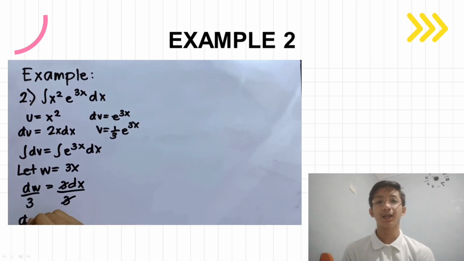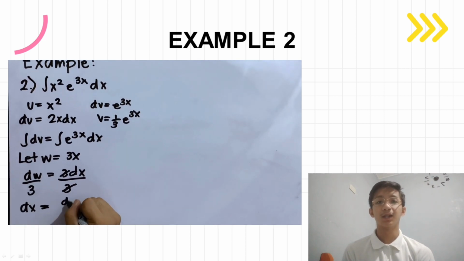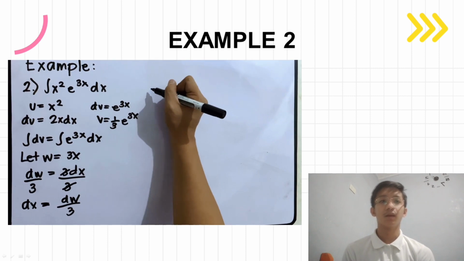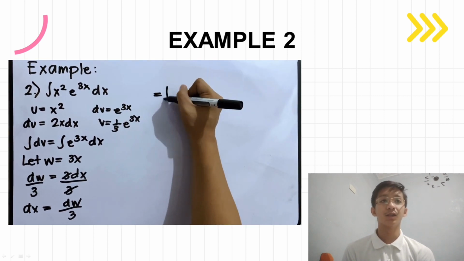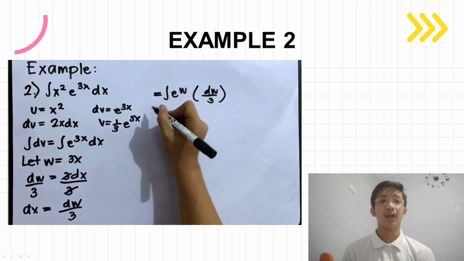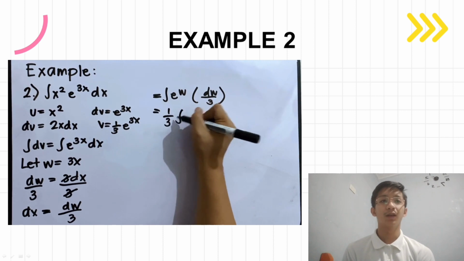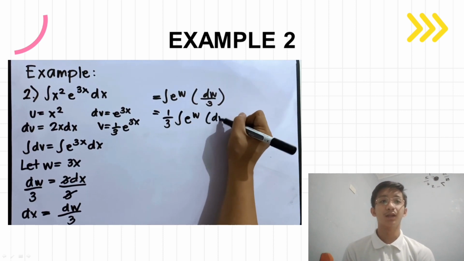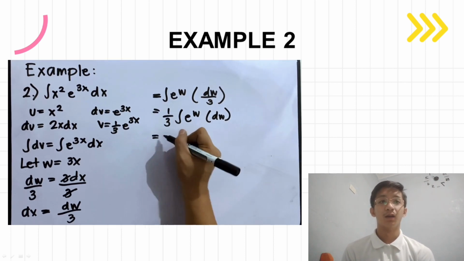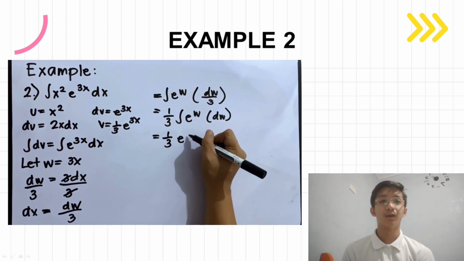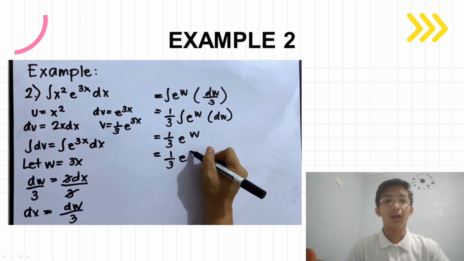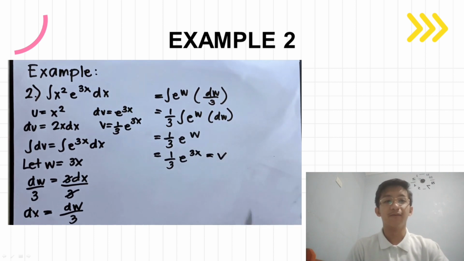Then we need to simplify it. dx equals dw over 3, equals integral of e^w times dw over 3. Then 1/3 integral of e^w dw. We simplify to 1/3 e^w, and lastly 1/3 e^(3x) equals v.